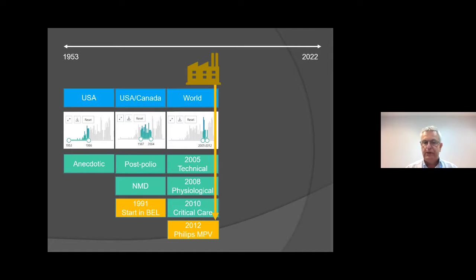An important date was 2012, the date when Philips made commercially available equipment for mouthpiece ventilation. This is important because until that time we had to customize everything, but from 2012 we finally had equipment that we were able to order.